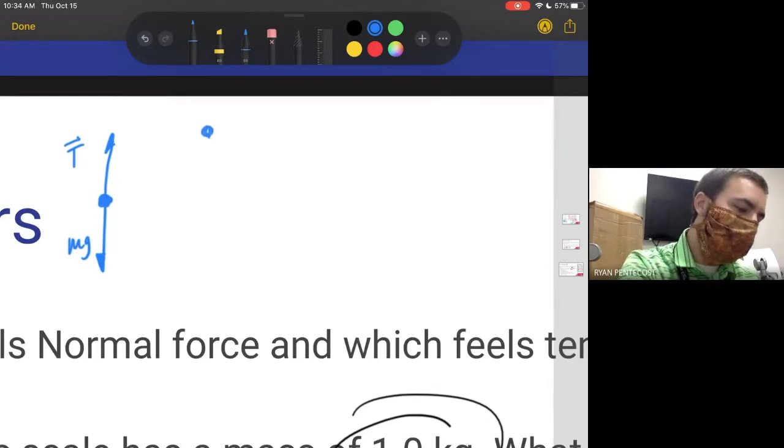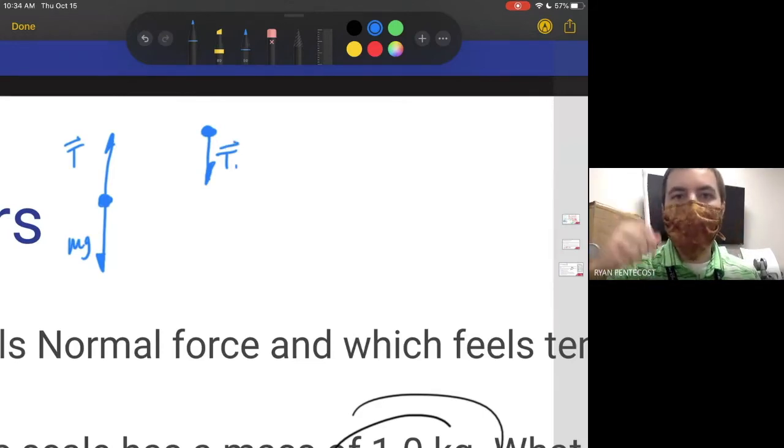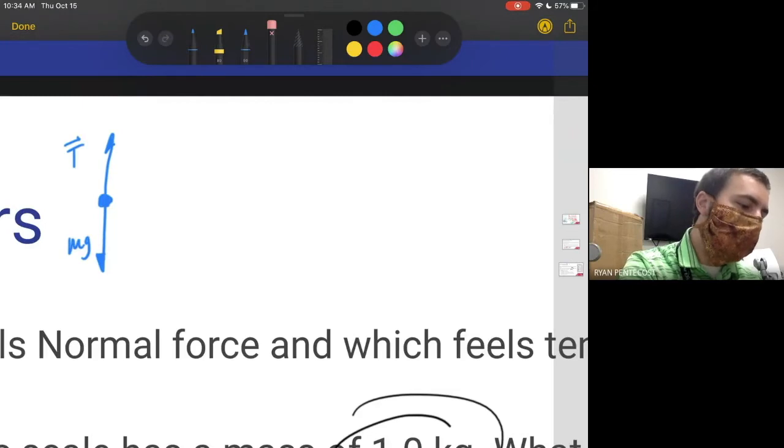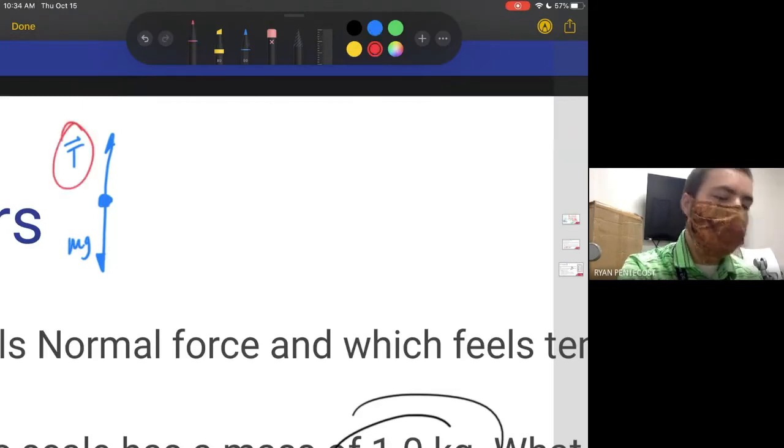If we look at that scale, the scale also has tension pulling downward from the fish. And however hard that fish pulls on that tension, that's going to manipulate the reading on the scale, right? So what we want to find here is the tension. That's going to tell us what the scale reads. So let's look at that.